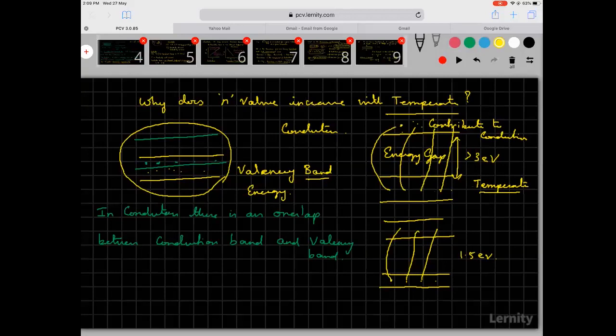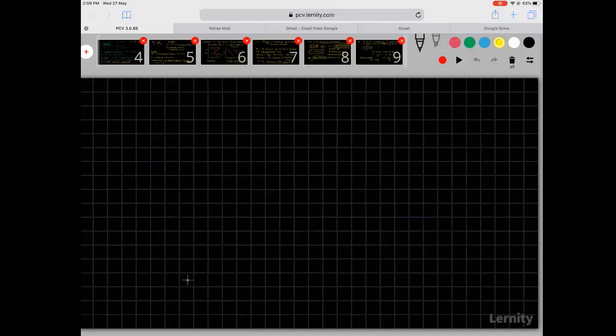Okay, am I clear? To summarize, in metals or in conductors, the valency band and conduction band overlap.